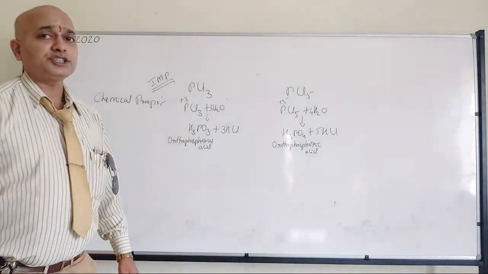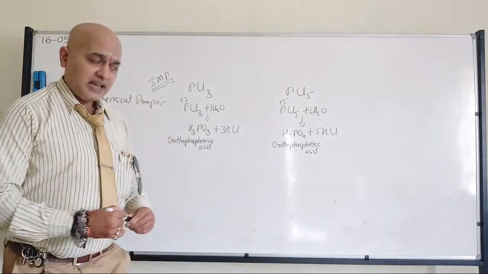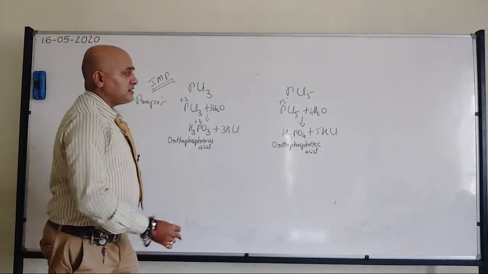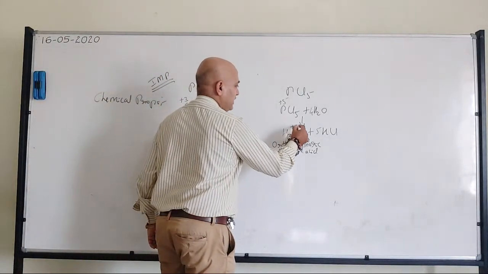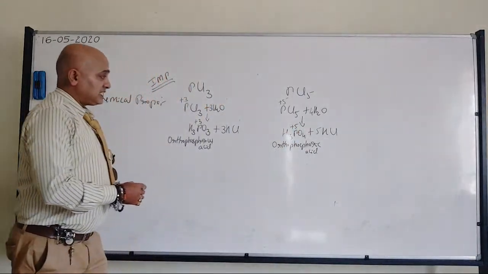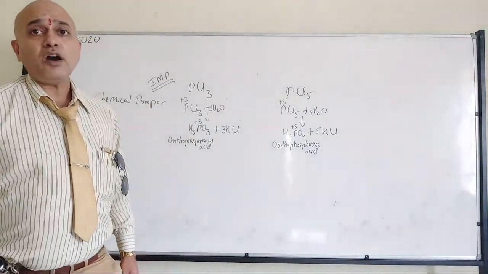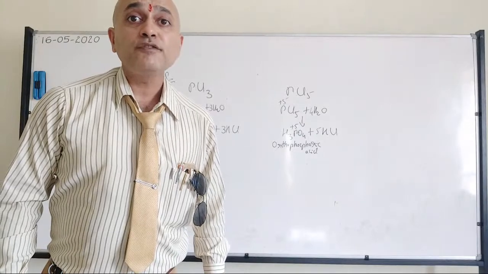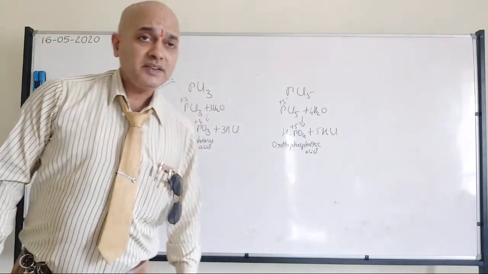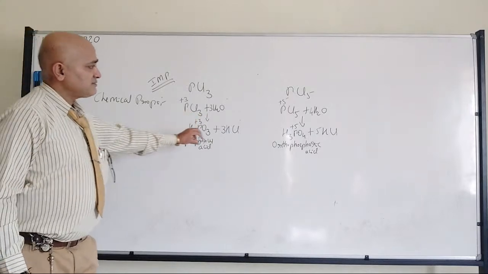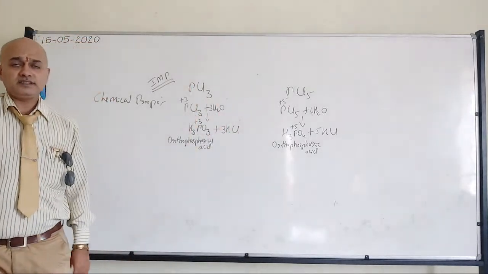Yes, very good. It is plus 3. And here it will be plus 5. So that's where we have the different product due to the different oxidation state of phosphorus. Fine? So that's one of the important reactions, and that's where we have the difference.